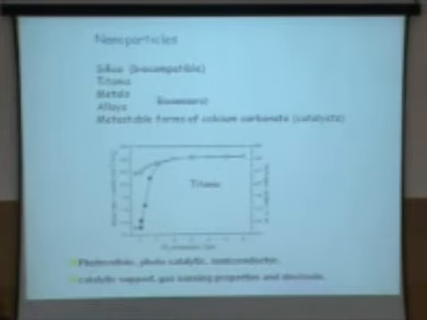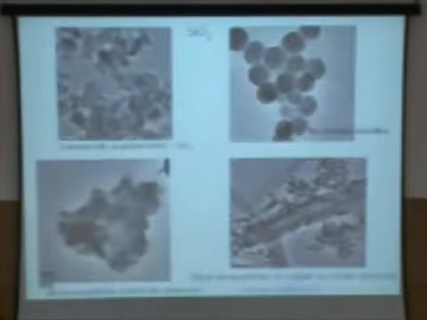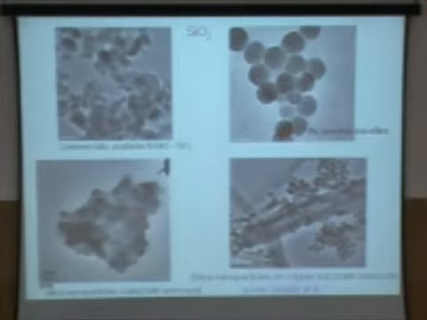Let me come to some other materials that we work on, basically for gas sensing and photovoltaic materials. Titania is a very important material, silica is a very important material, and I will show you some examples of metals and alloys. So these are some silica particles that we made by our microemulsion method, and you can see this is very uniform.